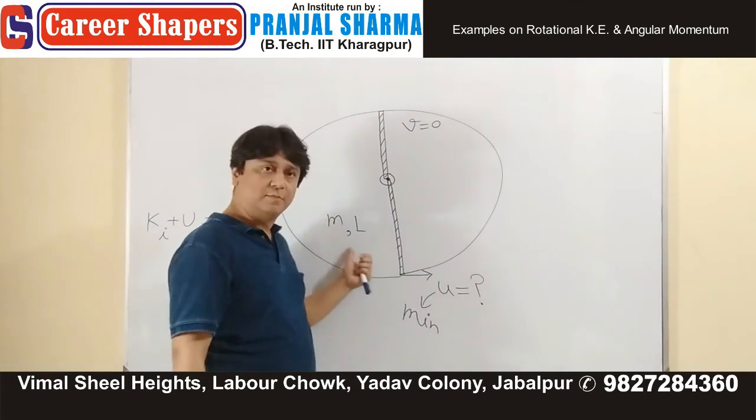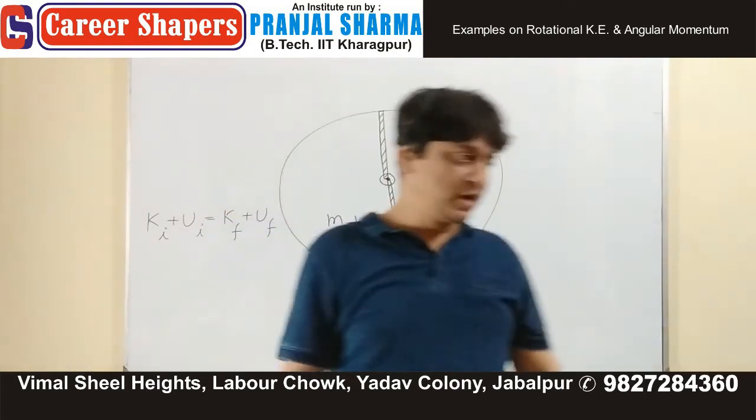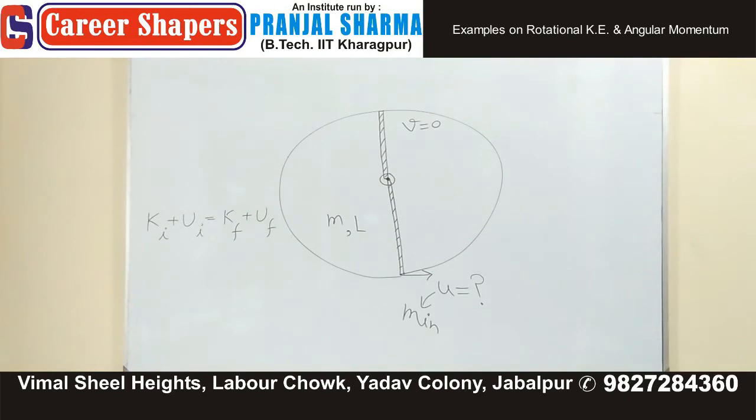Its mass is m. How many of you will give me its kinetic energy? What is the initial kinetic energy of the rod? Write down the initial kinetic energy of the rod in the comment box.